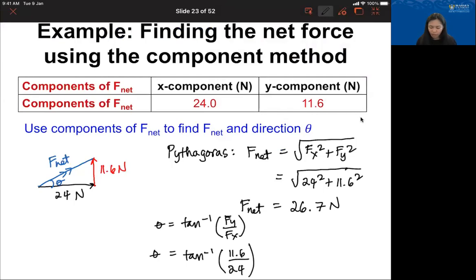You should have a theta of 25.8 degrees. Okay. Your net force is in the first quadrant. So whatever angle you've calculated using trigonometry will already give you the final angle for the direction.